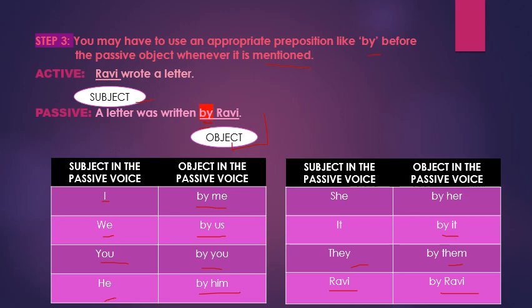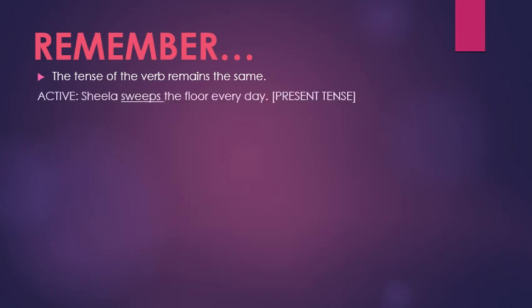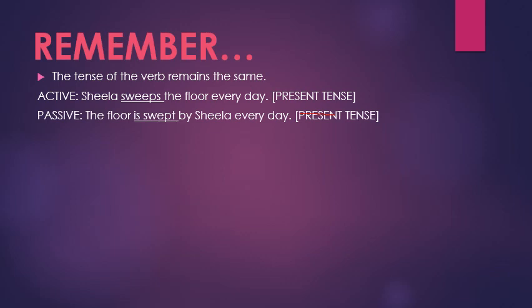Step 1 clear, step 2 clear, step 3 clear. Now we have to remember the tense of the verb remains the same. Like Sheila sweeps the floor every day. This sentence is in present tense. The passive voice will be the floor is swept by Sheila every day.